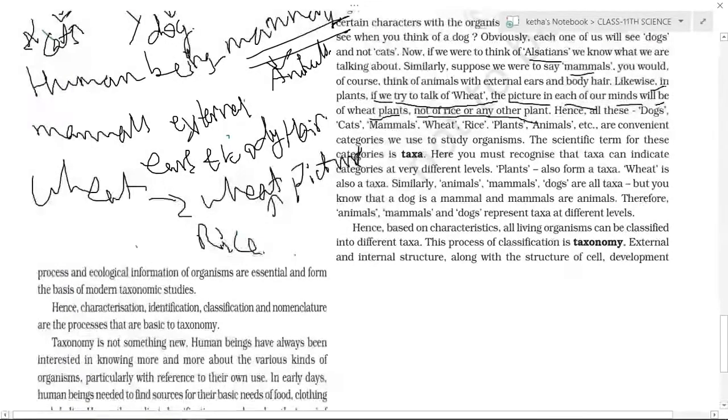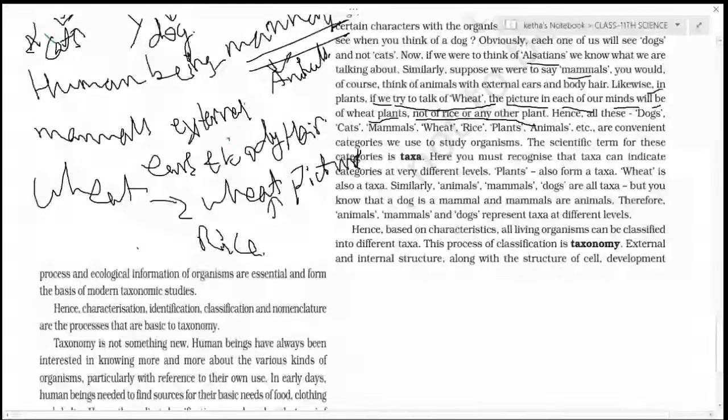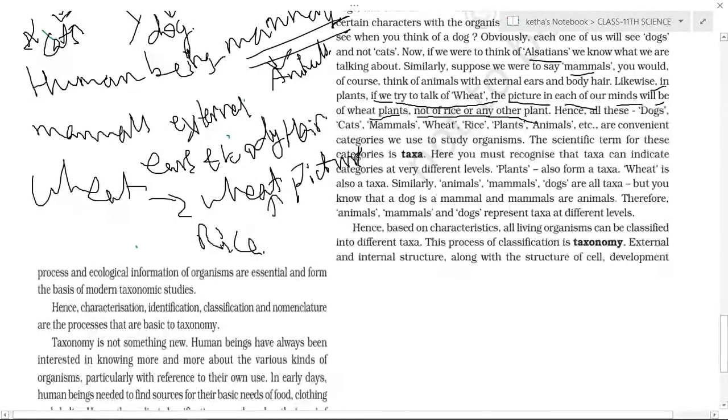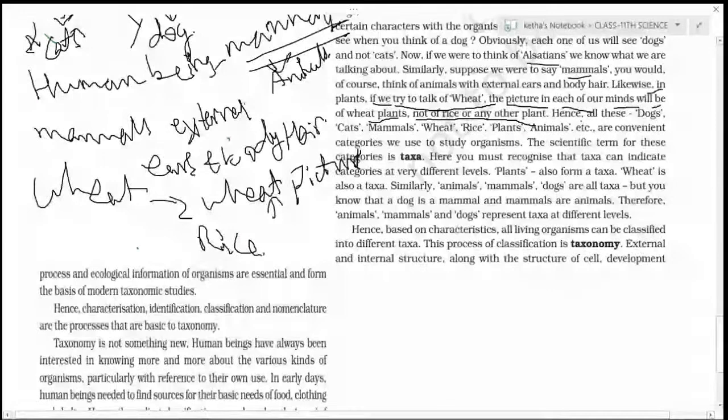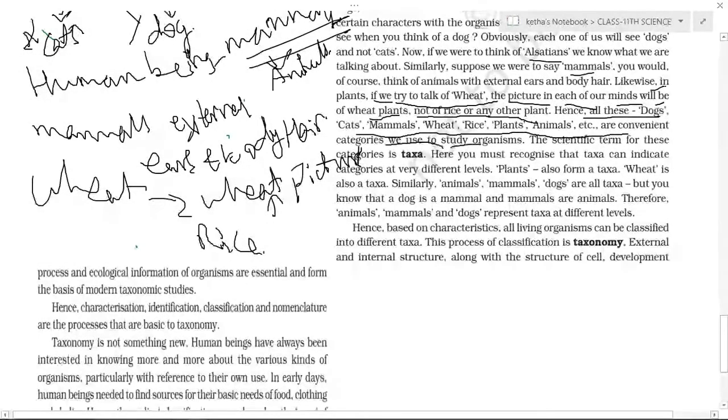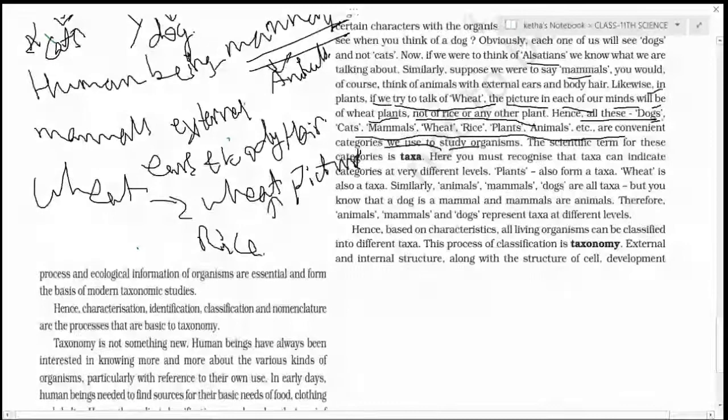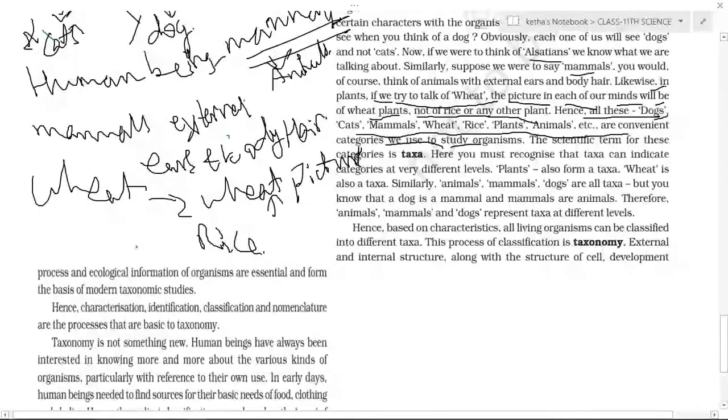Hence all these dogs, cats, mammals, wheat, rice, plants, animals, etc. are convenient categories we use to study organisms. For us, it is easier to understand these organisms as separate categories. The scientific term for these categories is taxa.